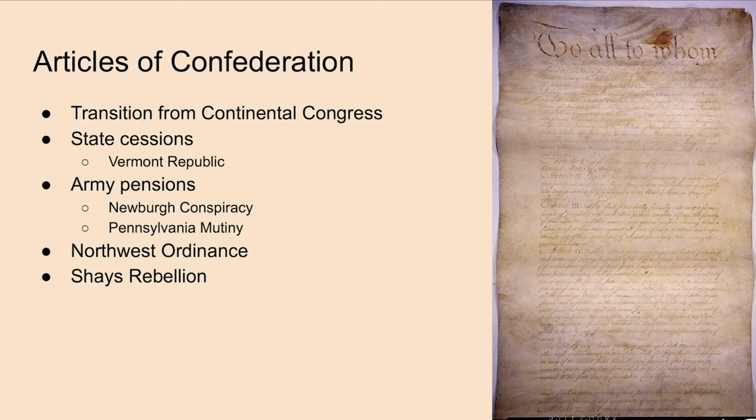So the Articles of Confederation were basically allowing a Congress to continue to exist. It was kind of an extension of the Continental Congress, but this new Confederated Congress is essentially only allowed to do what the states allow them to do.